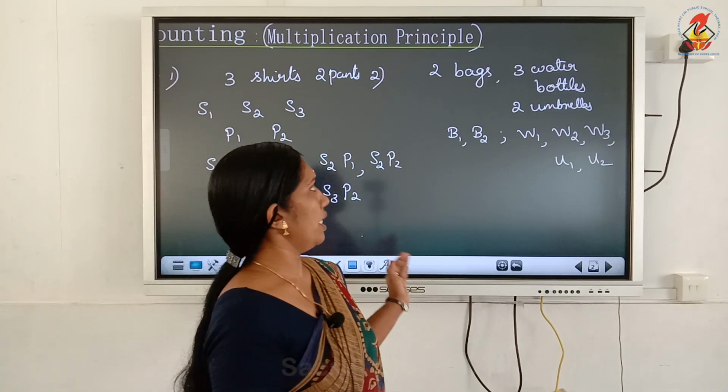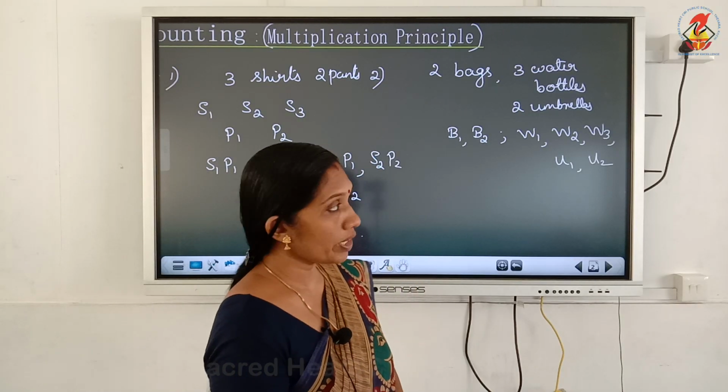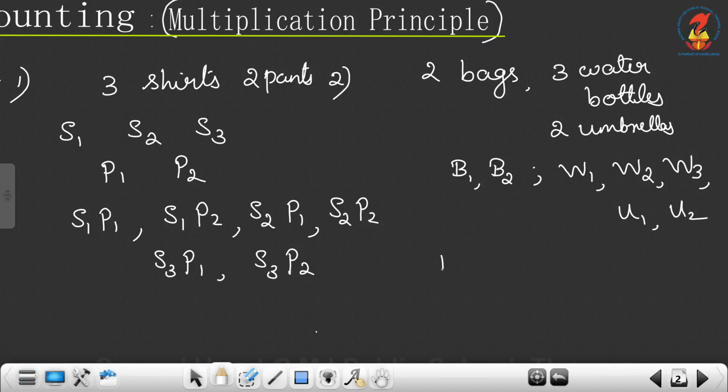Now we have to write all the possibilities. So bag 1 with the first water bottle and the first umbrella: B1, W1, U1. This is one possibility. Then B1, W1, U2.